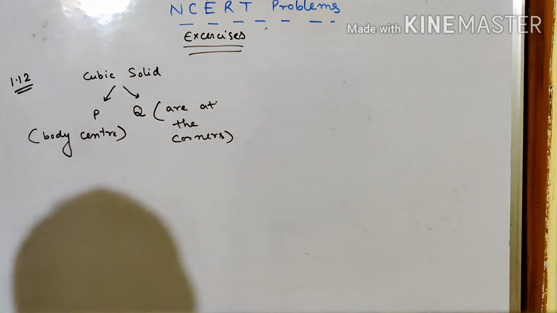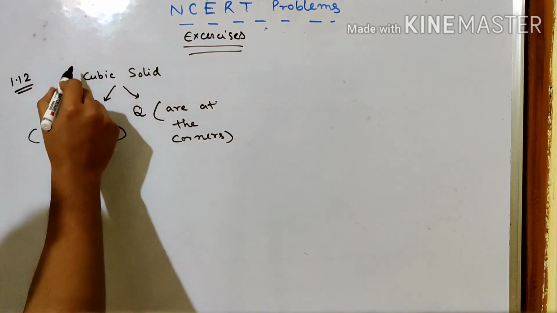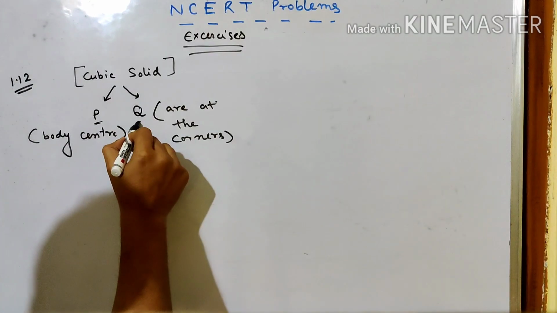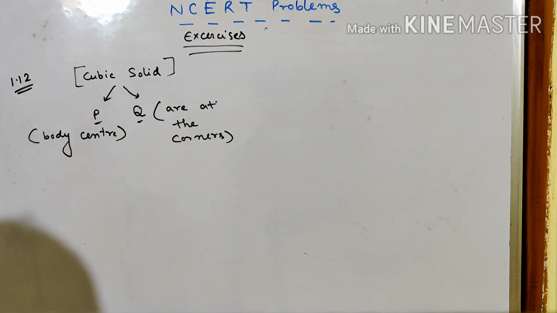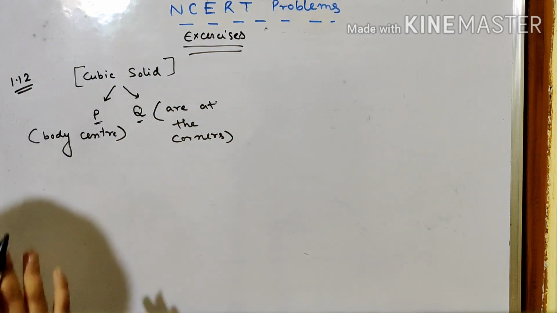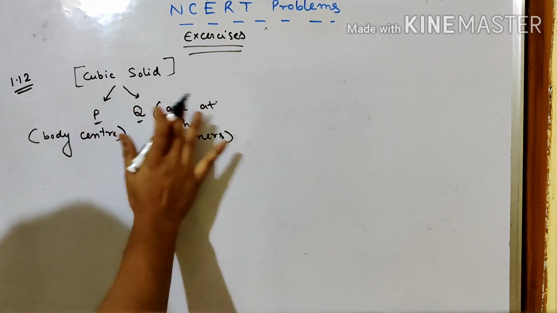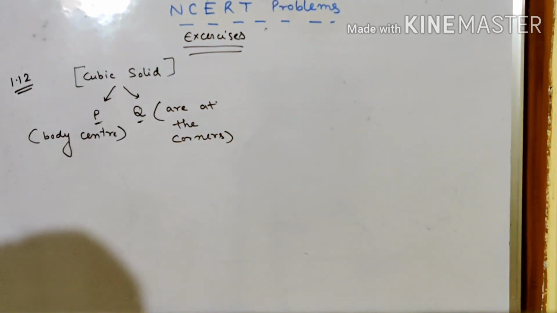What is the formula of the compound? So cubic solid, there are two types of atoms, P and Q. P is at the body center and Q is at the corners. So how to solve it?